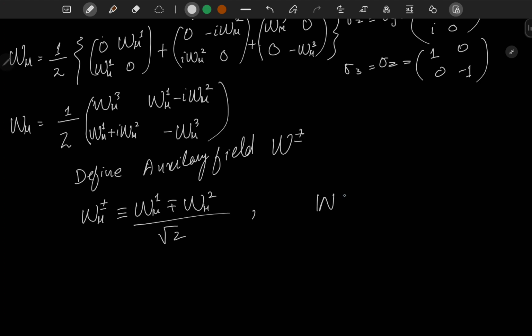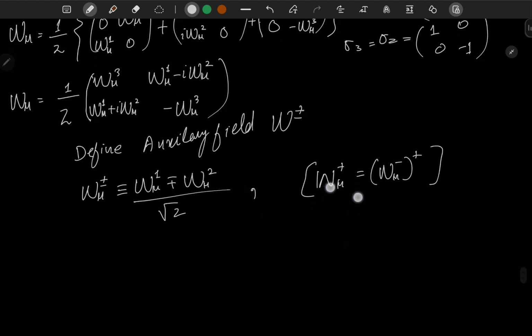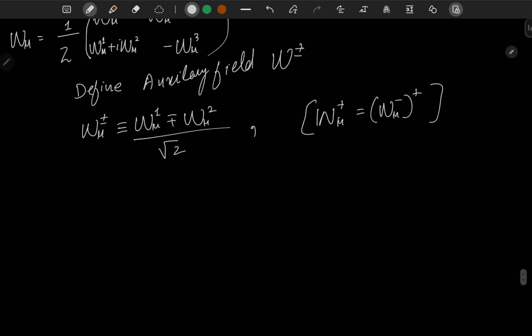And W's hold this property. Well, okay, these fields will correspond to the physical W plus minus bosons, which have been found experimentally.